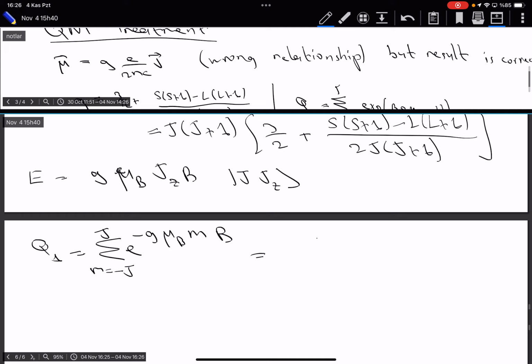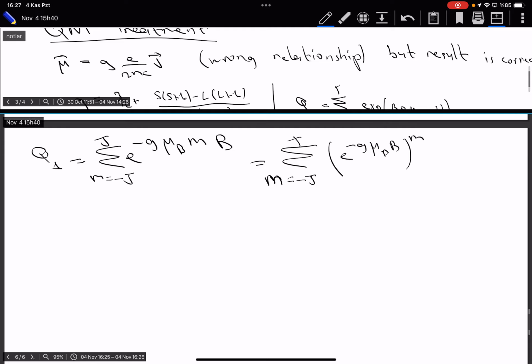Well, this is basically the sum over M from minus J to J of e to the power minus g μ_B B, raised to the power M. Some constant raised to the power M, and you are summing over all M. So how do you calculate such sums? Guys, it's easy to forget if you memorize the formula, but it's easy to remember how to derive such formulas.